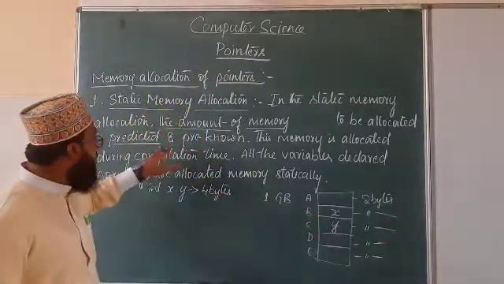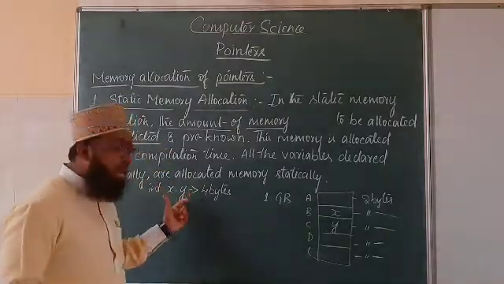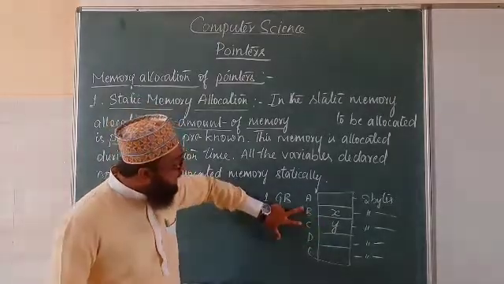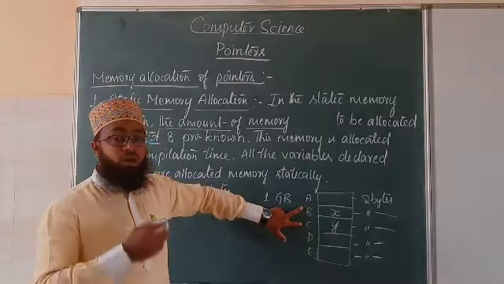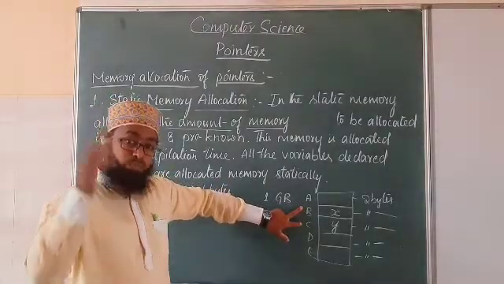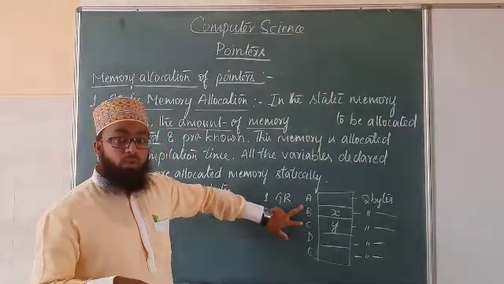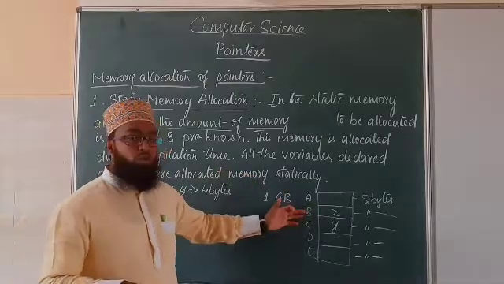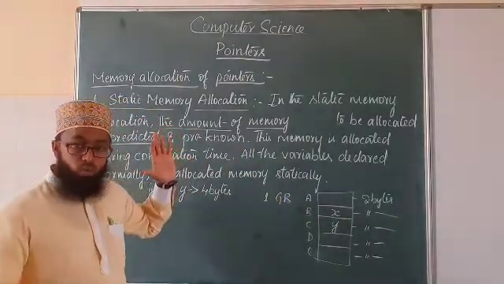So here pre-known means in which place these variables are going to be allocated. The name or the location of that memory is already known. Before allocation itself, the address or the memory location of the variables is already known. This is called pre-known.